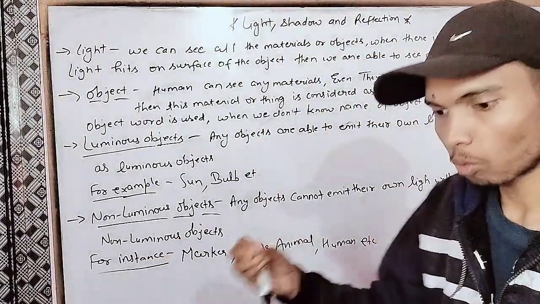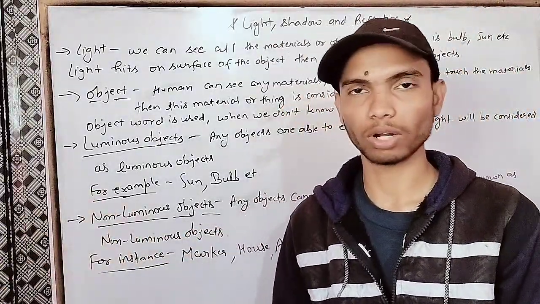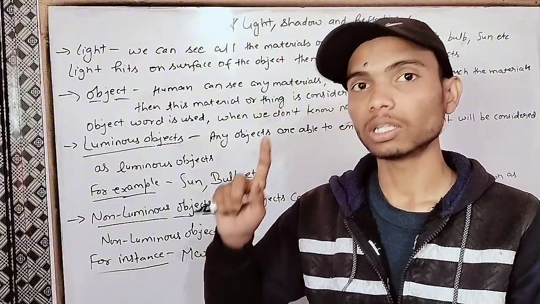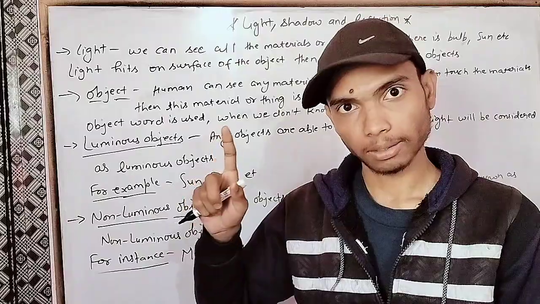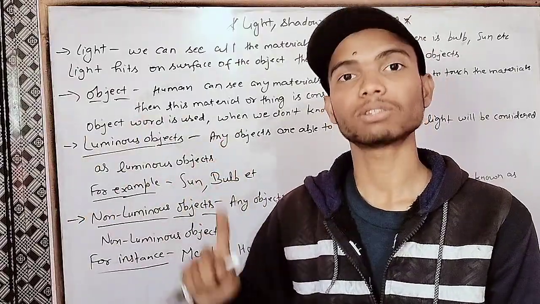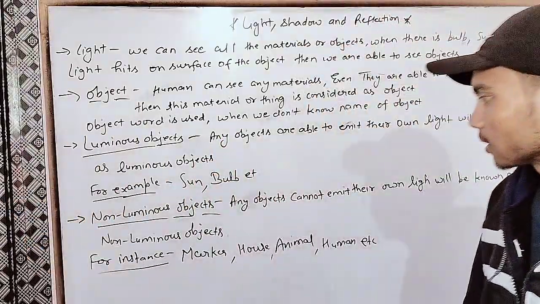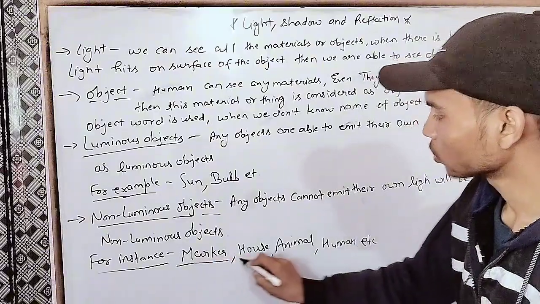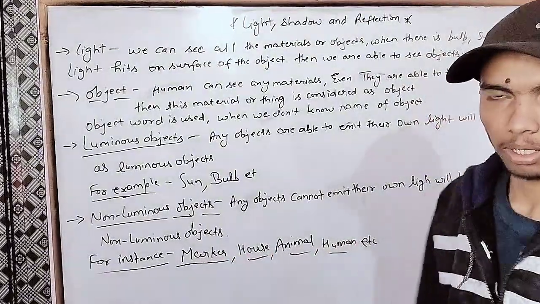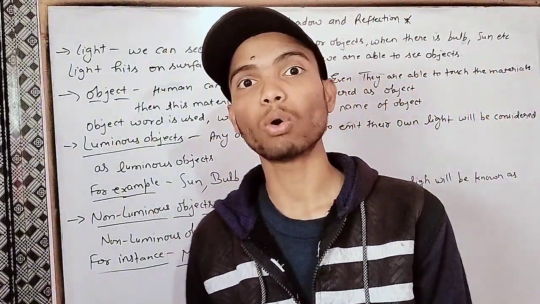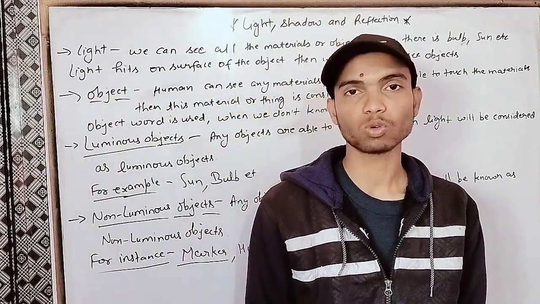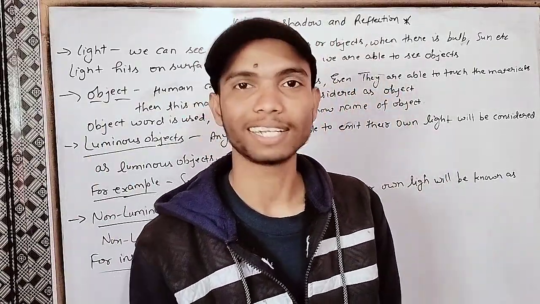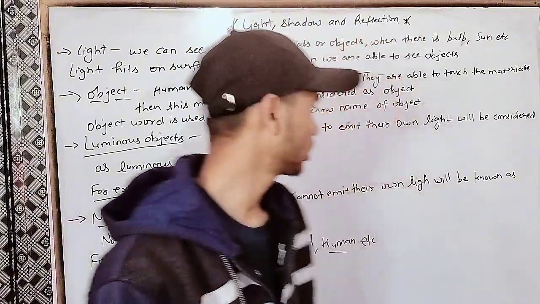If any objects don't have their own light, they are not considered luminous objects, but non-luminous objects. So house, animal, human. We are examples of non-luminous because we don't have any type of light. That's why we cannot emit light. Clear?